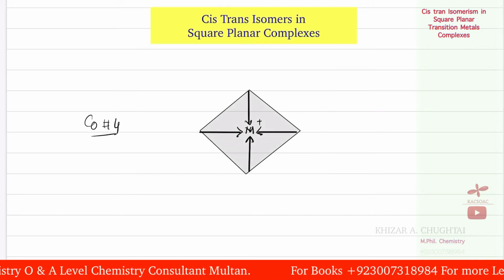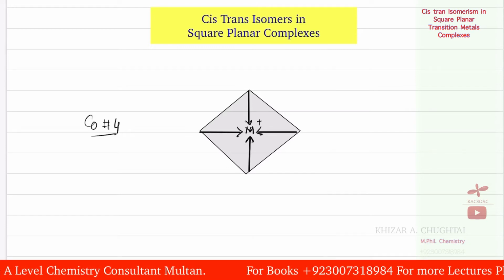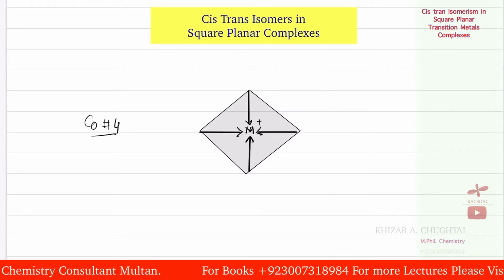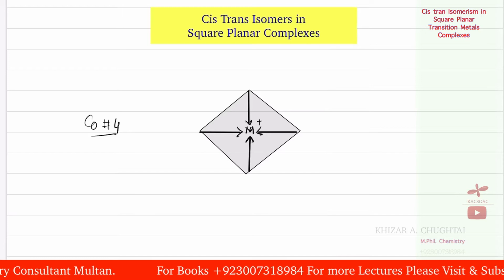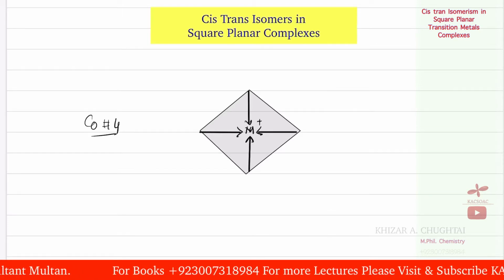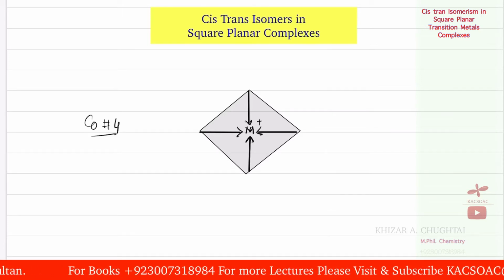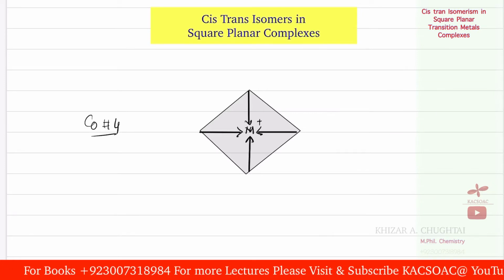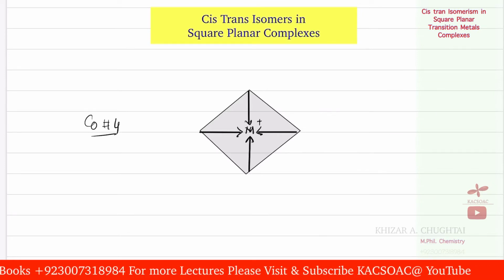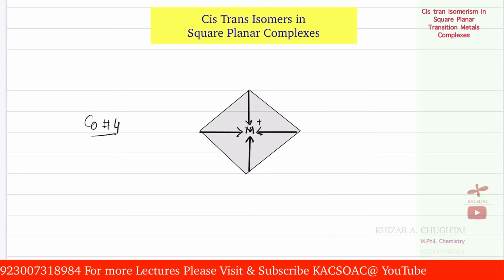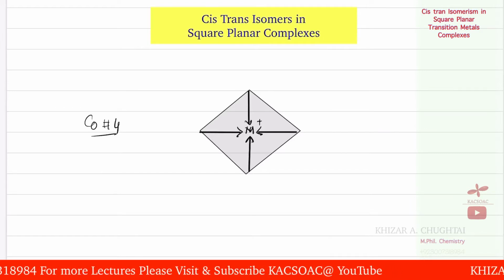This type of complex, square planar complexes, shows cis-trans isomerism or geometric isomerism. So let's see when they will show the cis-trans or the geometric isomerism. What are the main cases? First of all, I'm going to make 2 categories.